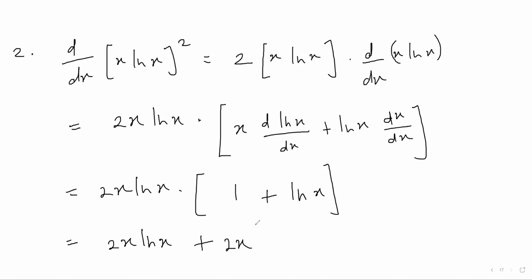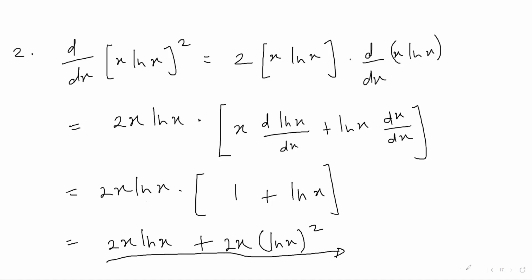Second term, you get 2x multiplied by ln x to the power 2, because you multiply ln x twice. It's ln x times ln x, so basically ln x to the power 2. And so that's your final answer. That's the derivative of that function. You don't have to multiply it through, but it looks neater when you do.